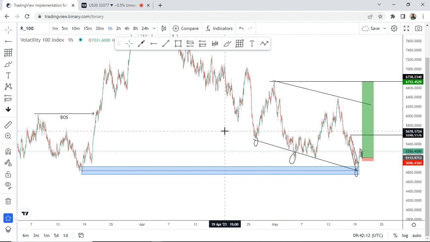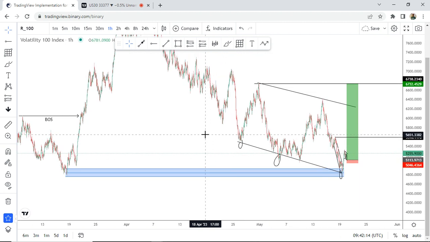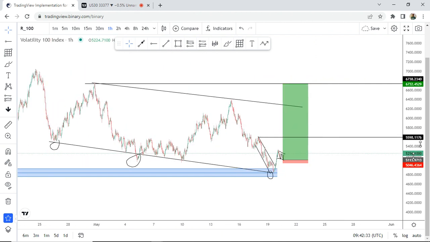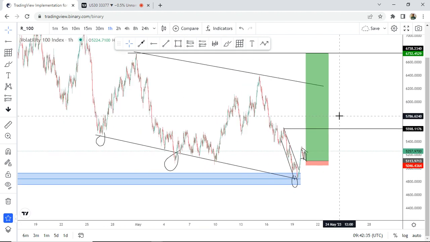I don't know if you managed to realize that, but ever since I started backtesting, I realized that around 3, 4, and 5 p.m., that's when volatility moves faster. So I'm just gonna be patient on these three positions. Maybe I might make something out of these three positions over the weekend, guys.